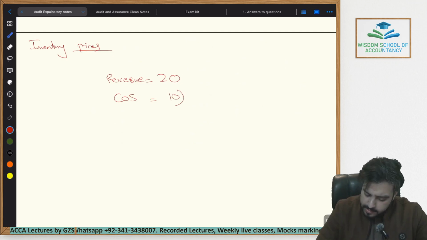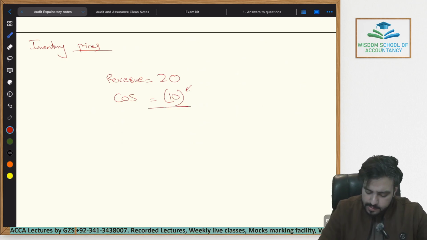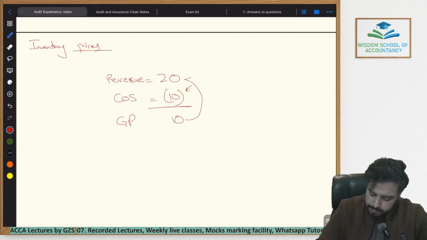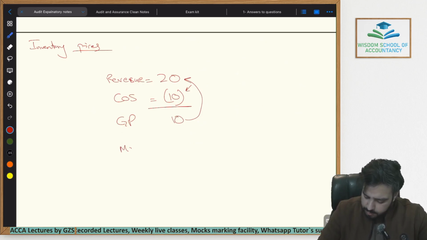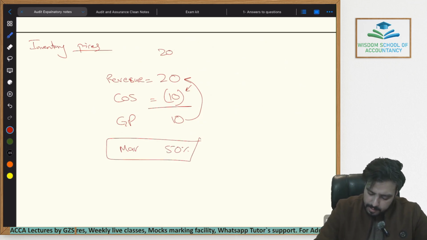Whenever you are selling something, the purchase price of those things always goes towards cost of sales. This is how gross profit is calculated. Gross profit is 20 minus 10 is equal to $10. Here, the gross profit margin would be 10 divided by 20 multiplied by 100, 50% margin. So it is a good margin. This was the previous year.